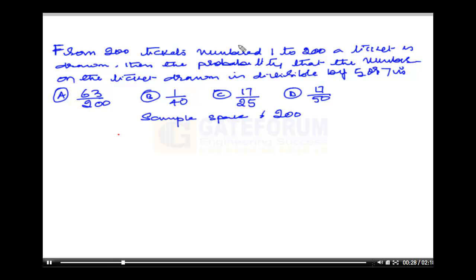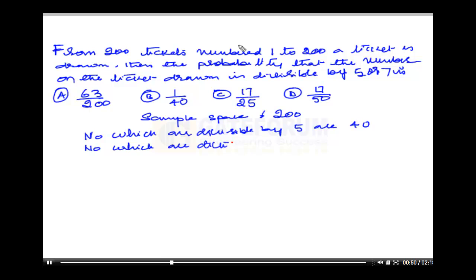The numbers which are divisible by 5 are 40. Similarly, numbers which are divisible by 7 are 28.